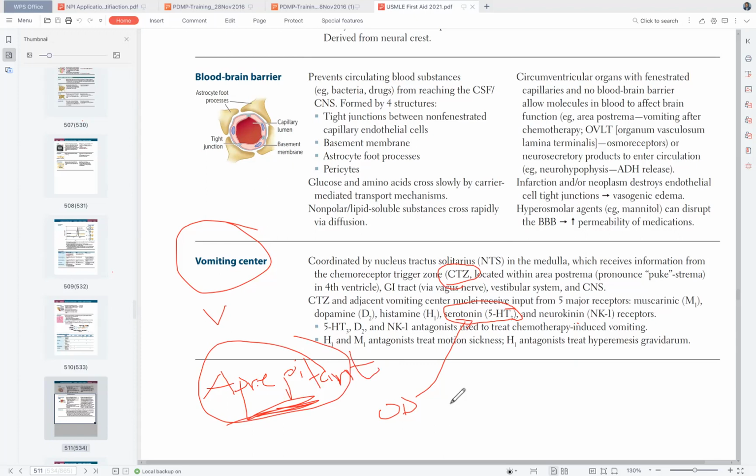Aprepitant, and its mechanism of action is that it blocks neurokinin 1, right? So it's something that you also have to remember. All right, let's move on to the next page.